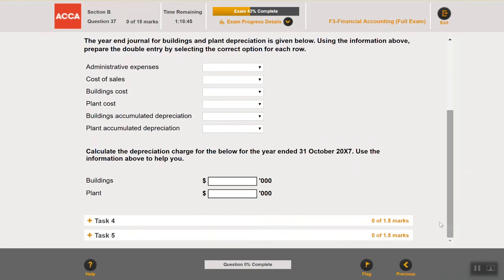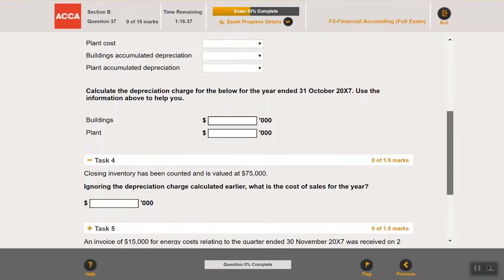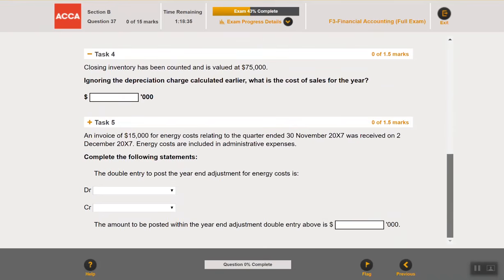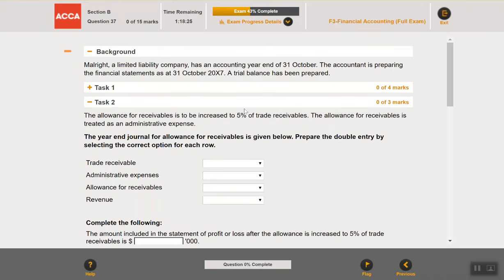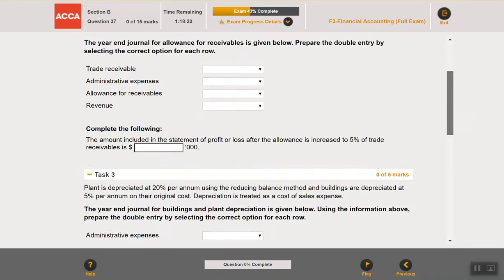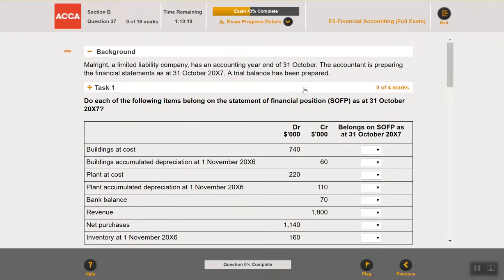Yeah, some of it is specific. Closing inventory also seems specific. This seems general as well. Here we have a general question as well, I believe.